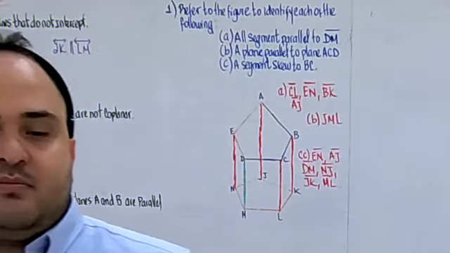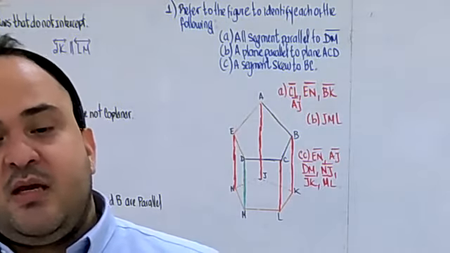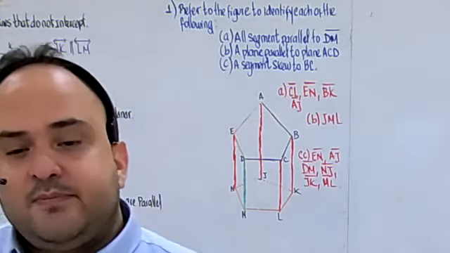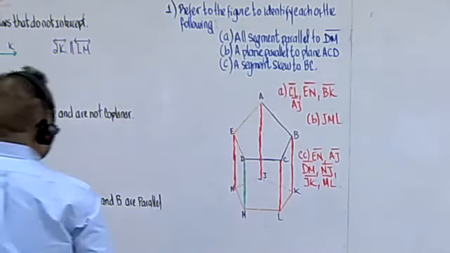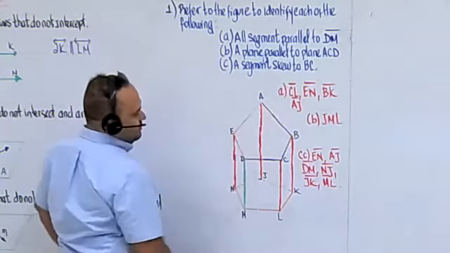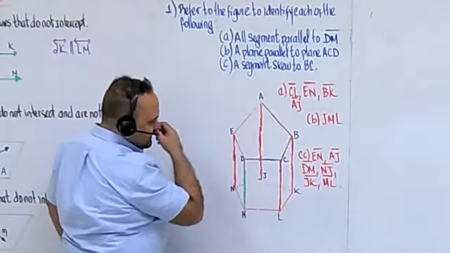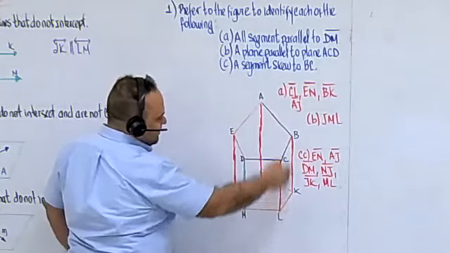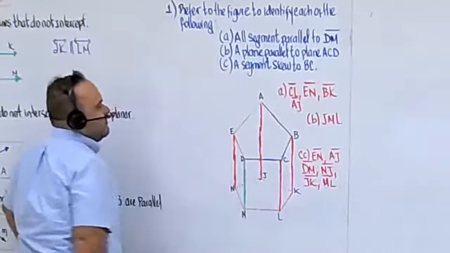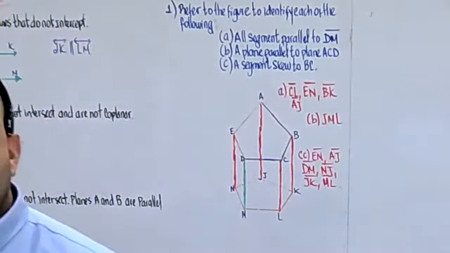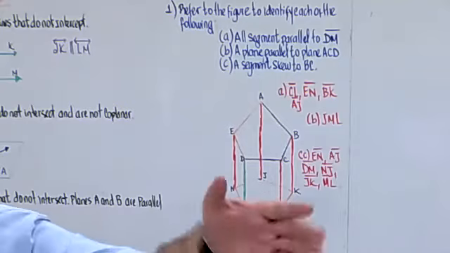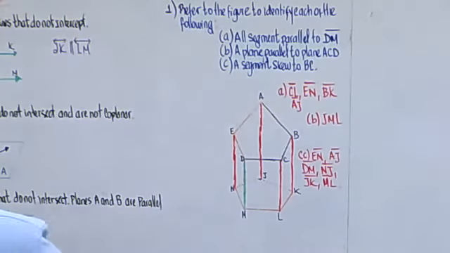Skew to BC. Remember, skew to BC? There's no intersection point with BC, no intersection point over here. So it would be the rest of the lines, in their relationship to BC, exactly. Okay, that is simple.